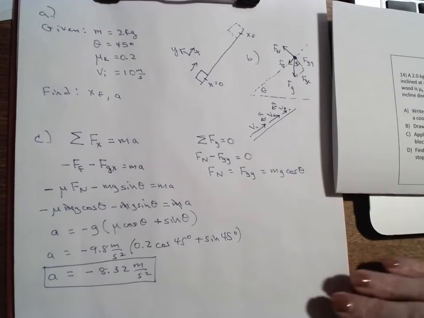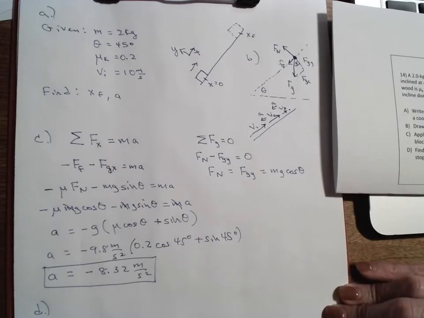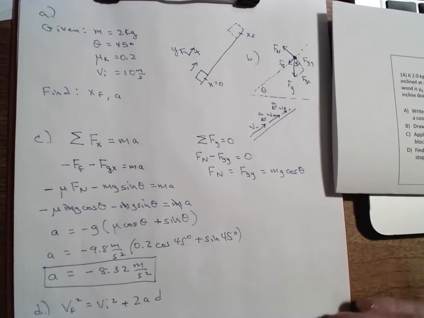Now the next part, so this was part C, D, is to determine the distance that the block travels up the incline before stopping. So I'm going to use the kinematic equation for velocity: v final squared is equal to v initial squared plus 2 times a d.